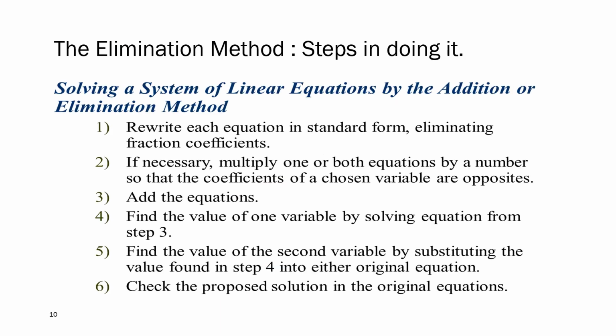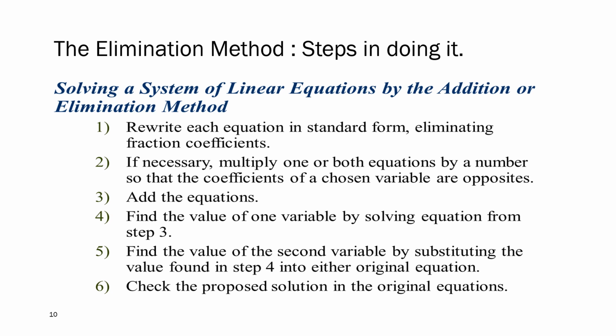So how do we solve a system of linear equations by elimination? There are the steps. Number one, rewrite each equation in standard form, eliminating fraction coefficients. If you have a fraction, you eliminate the fraction coefficient.